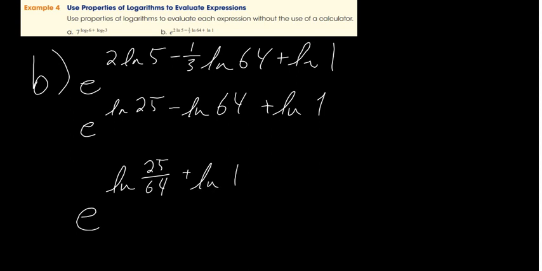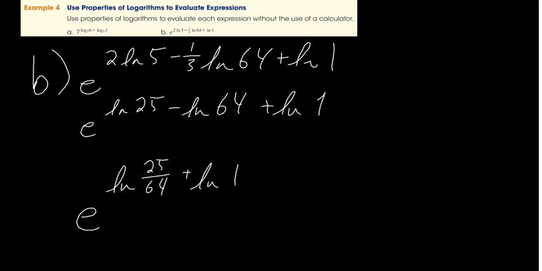Okay, so at this point, our problem isn't necessarily done, but it is kind of done. So earlier I said to put the natural log of e into your calculator, and when you do that, you should get a 1. Let me just make sure real quick. Yeah, okay, good.